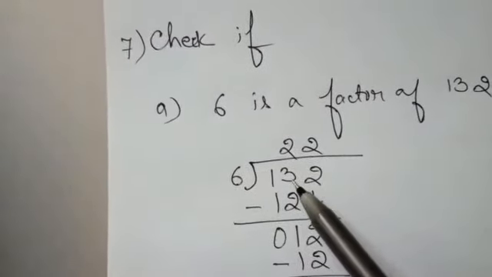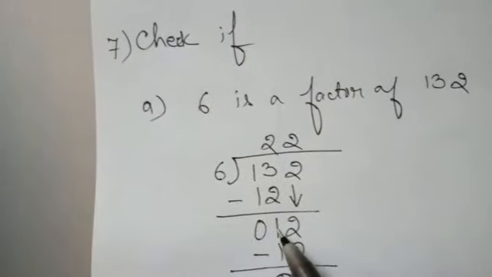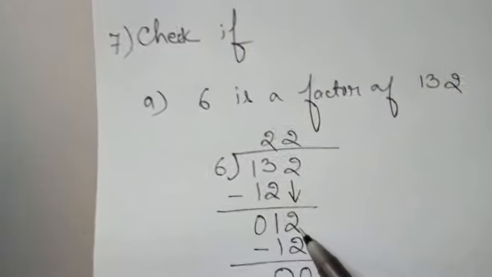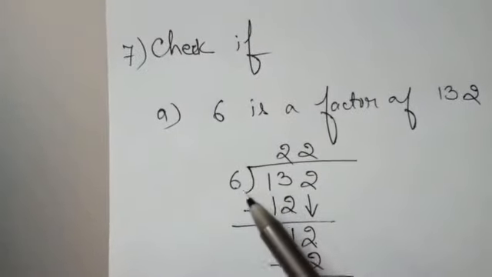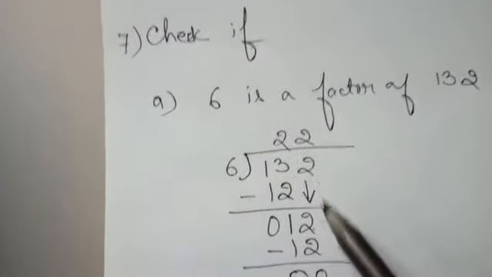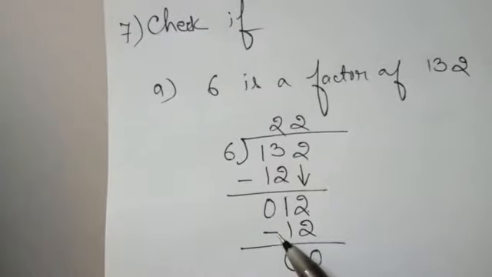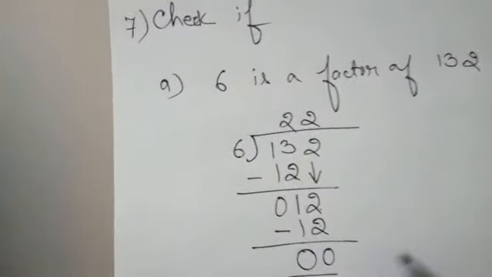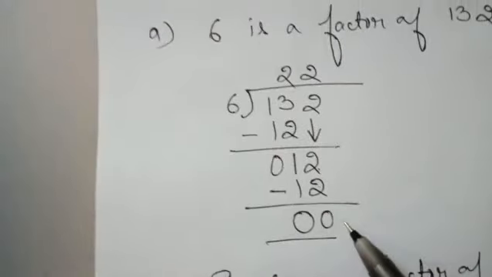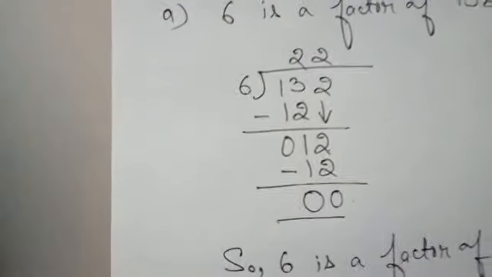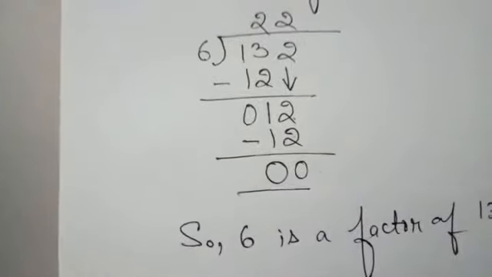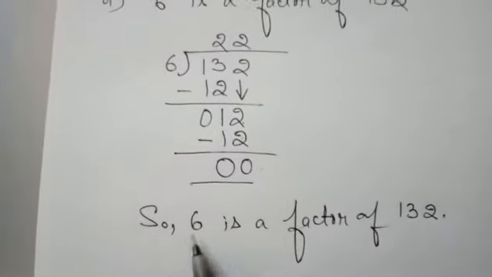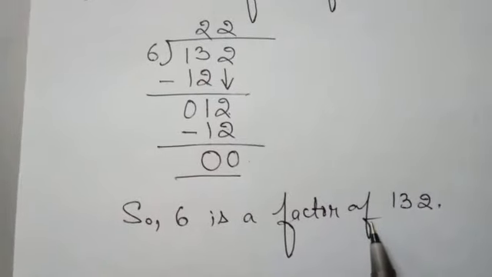After doing subtraction, 13 minus 12, I am getting 1. I'll bring this 2 down and now the number will be 12. Again I will take 6 2s are 12. And after doing subtraction, 12 minus 12, I am getting 0. No remainder. As no remainder is coming, it means 6 is a factor of 132.